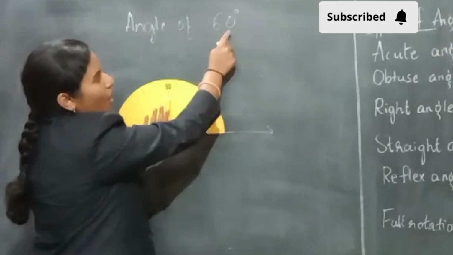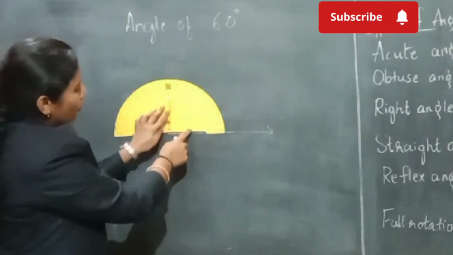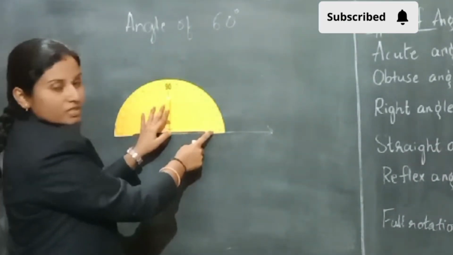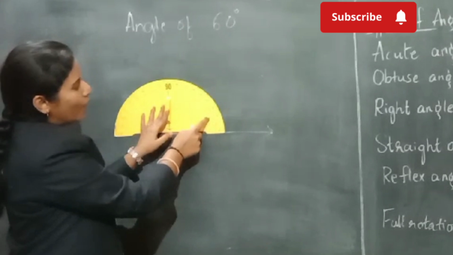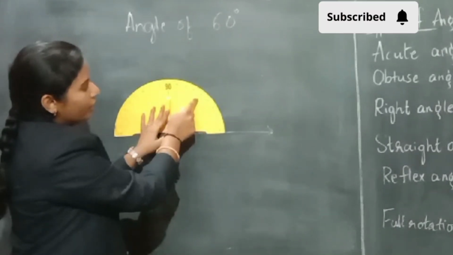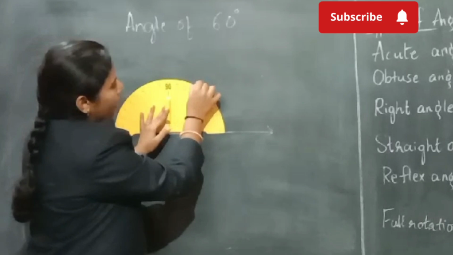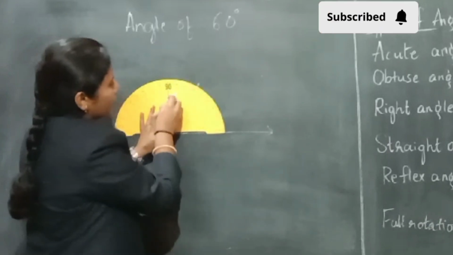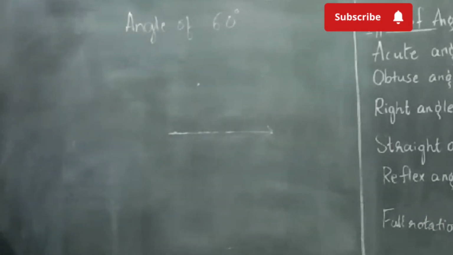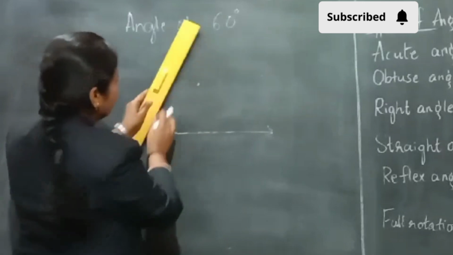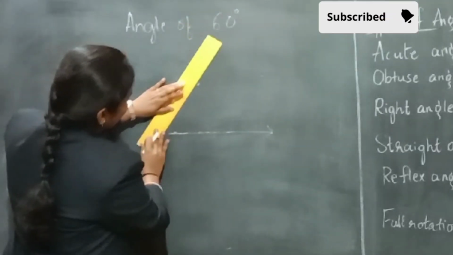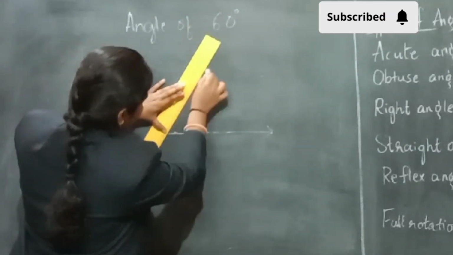We have to draw a 60 degree angle. So, we shall count from here. This is 0 degree, 10, 20, 30, 40, 50 and 60. We have to mark a point here at 60 degree. And now again using our scale, we have to join these two lines.